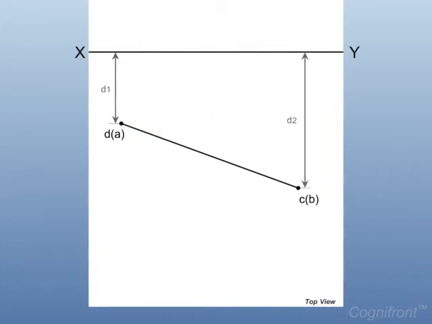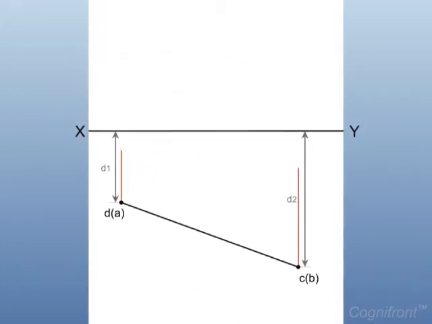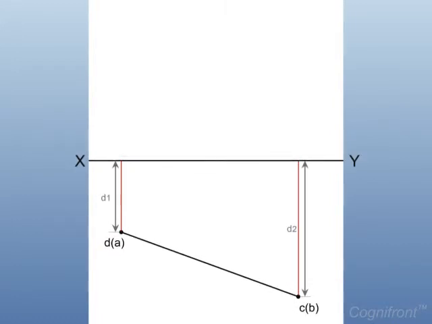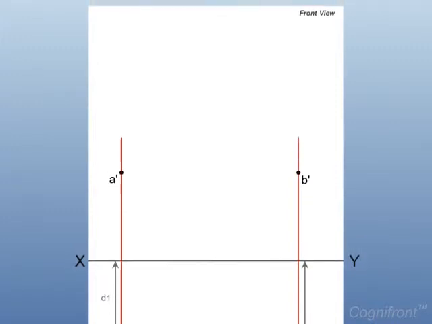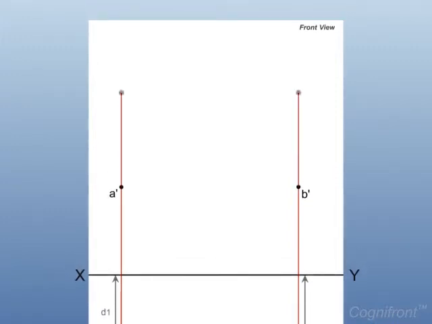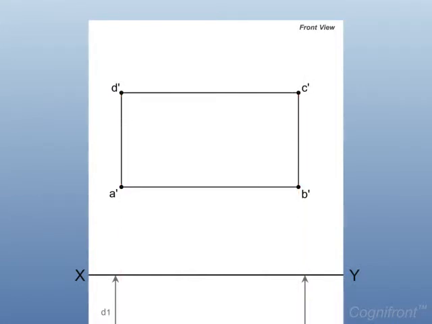From these points, draw vertical lines to meet XY and extend them further for a distance of H units to get points A' and B'. Next, extend it further, locating points D' and C'. Observe, by joining all these points, we'll be getting the front view as A', B', C', D'.